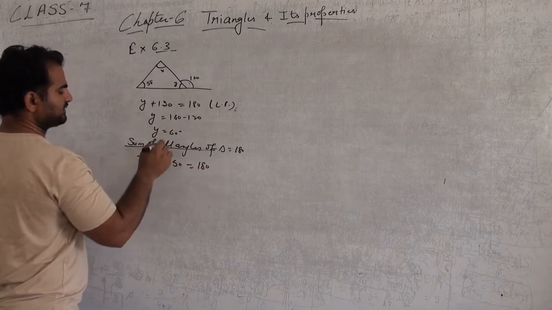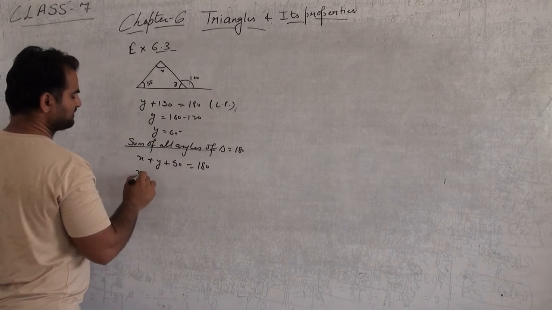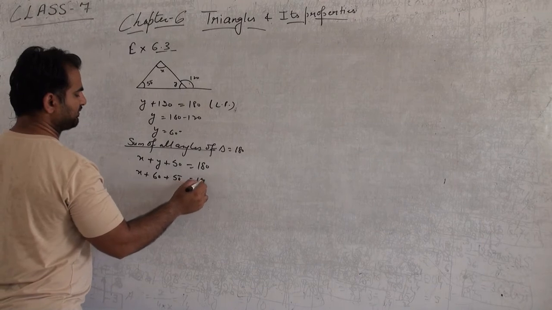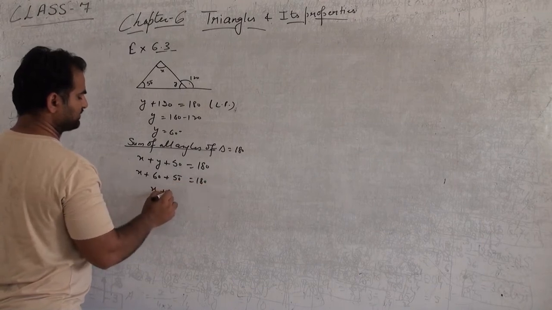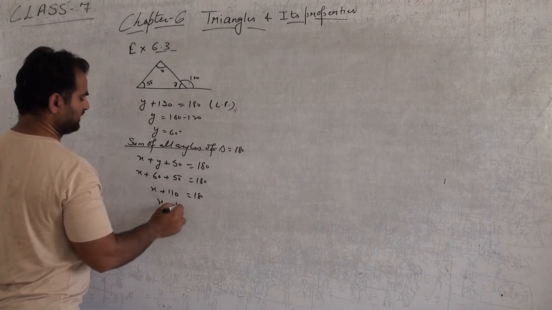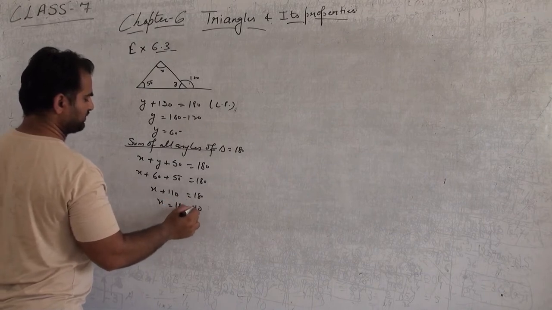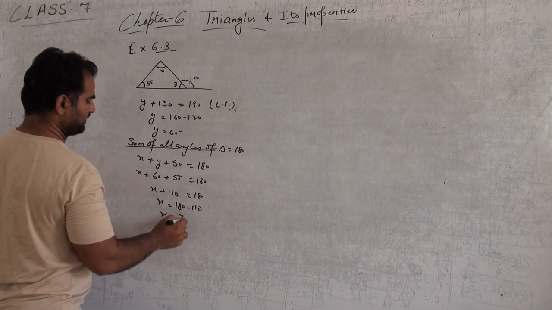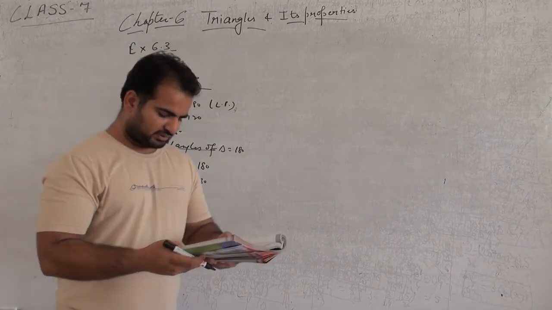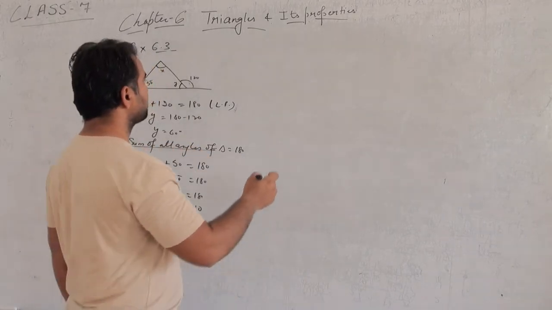We know the value of y, so x plus 60 plus 50 equals to 180. So x plus 110 equals to 180. X equals to 180 minus 110. So x will be 70 degree. Okay, this is the final answer. Question number second.